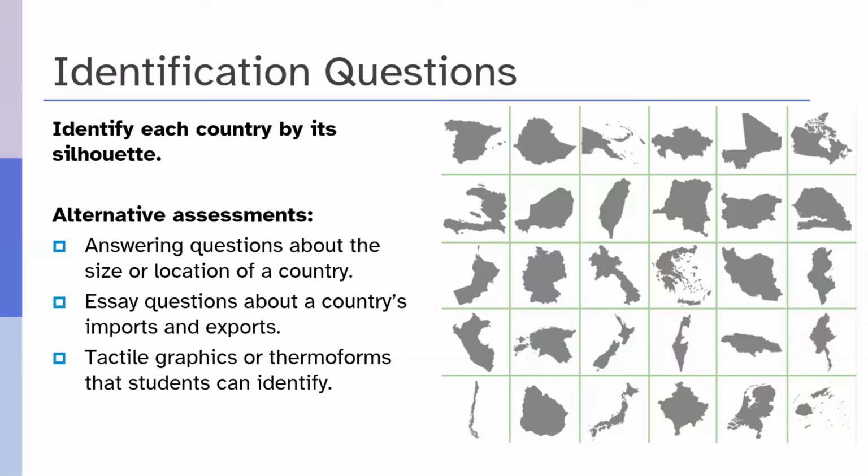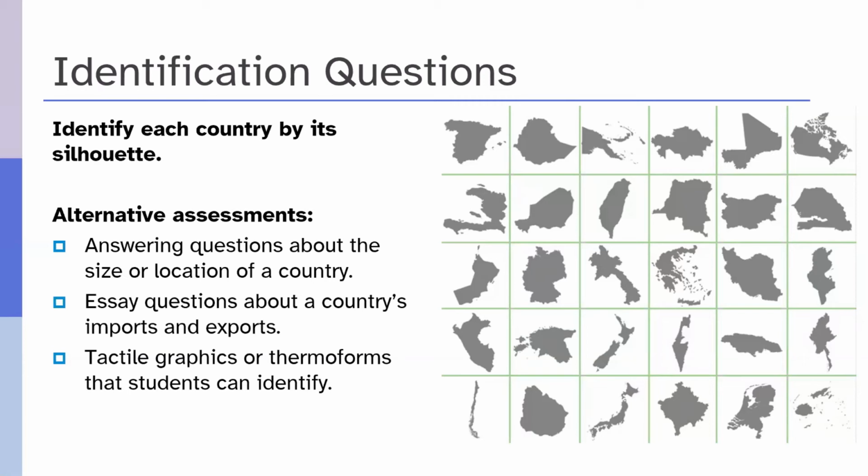If you're not familiar with the thermoform, it's often used and incorporated in Braille. So you are creating a raised or embossed shape for someone to trace their fingers so they could recognize the shape.